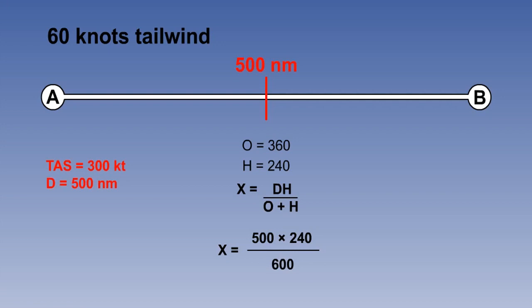This means that X now becomes 500 times 240 over 600, which comes to 200 nautical miles. And again, using the algebra confirms what we had shown with simple navigation calculations earlier. The effect of a wind component along track is to move the point of equal time towards the direction that the wind is coming from.